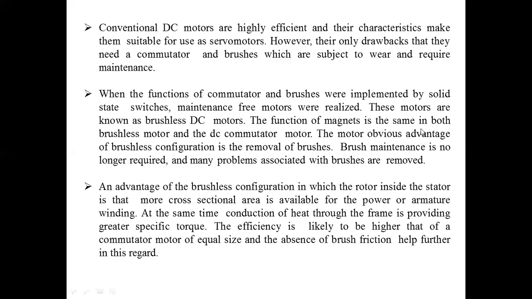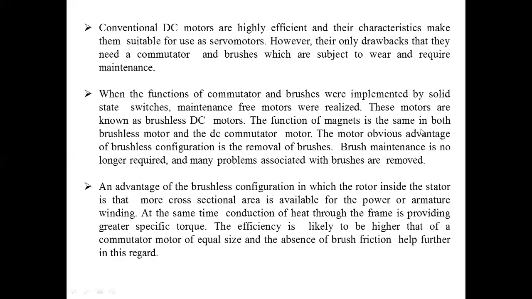If you go for DC motors in industrial areas, they use 400 volts or 220 volts, with a high voltage rating. Therefore, for a 400 volt DC supply, the rectifier unit should be a three-phase rectifier unit, or a three-phase controlled rectifier. With the three-phase controlled rectifier, they may use solid state switches.